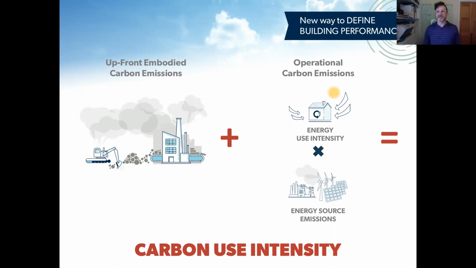And that those two things together, if you have a snapshot of what both of those look like, then you have a much clearer sense of what the actual climate change impacts of a particular building will be.